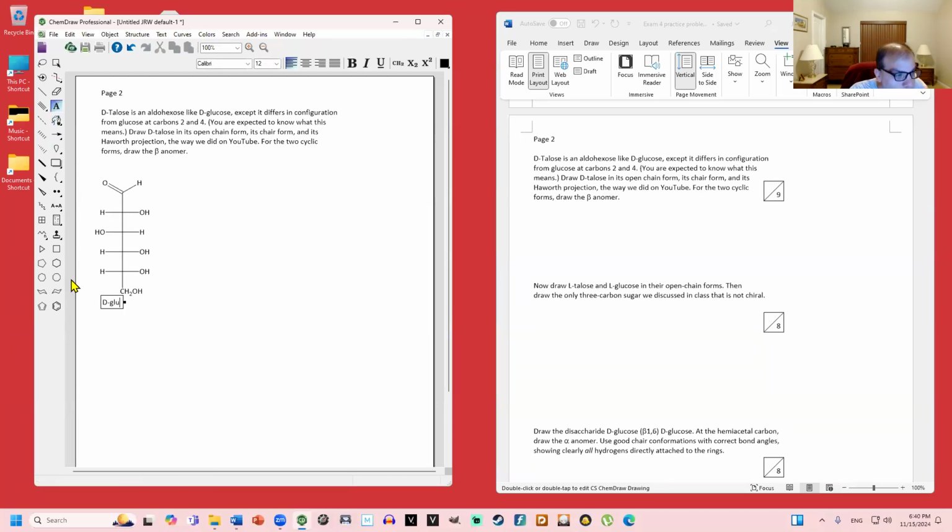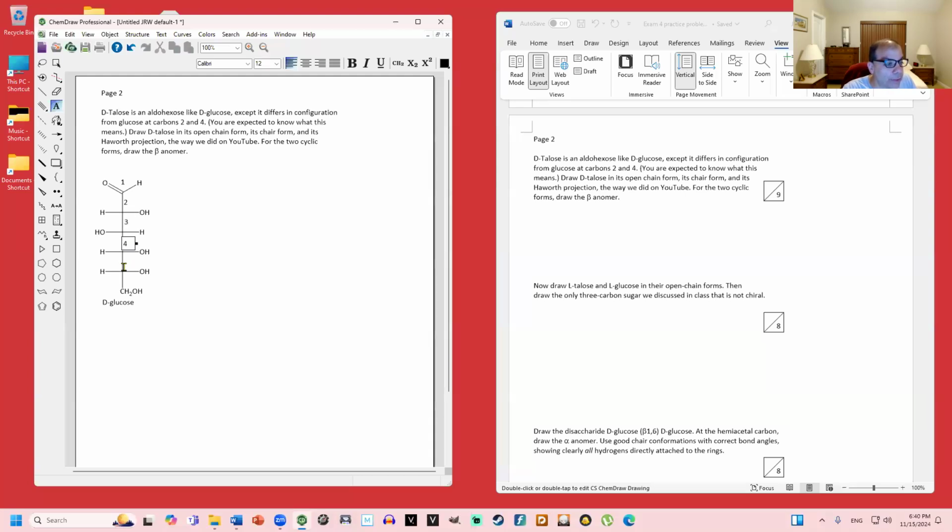So this is D-glucose. And in order to get D-talose, we'll simply change the configuration at carbons 2 and 4, just like the problem says.